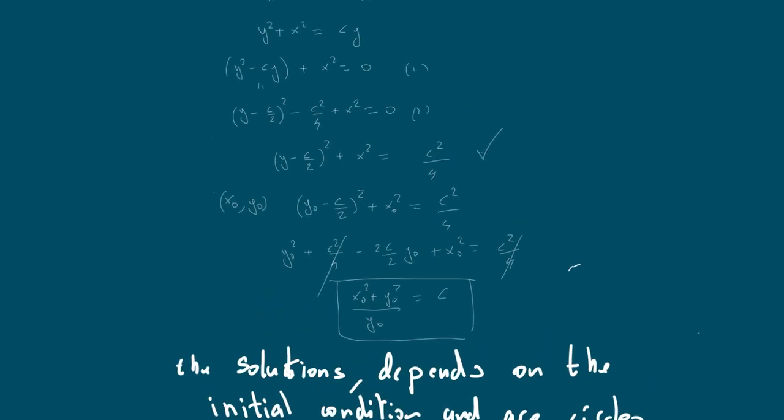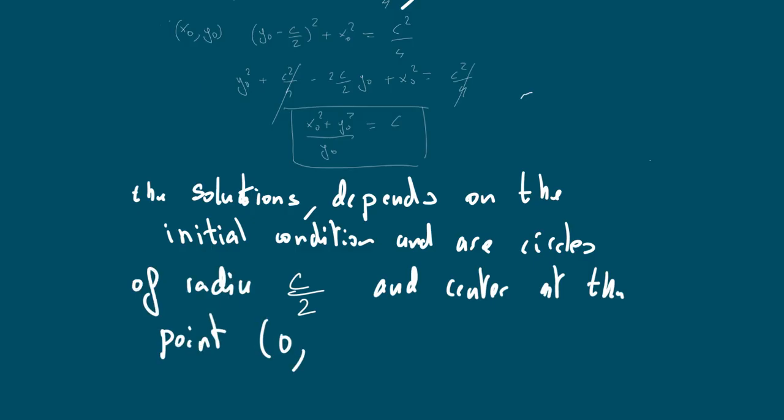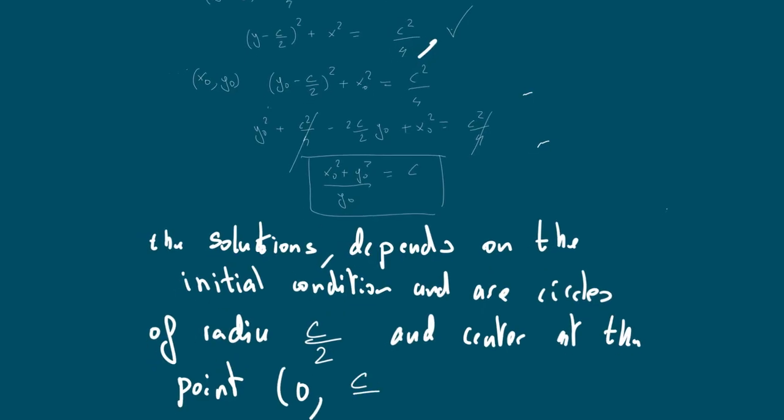This is the radius because this is r squared. And the center is at the point 0, c divided by 2.